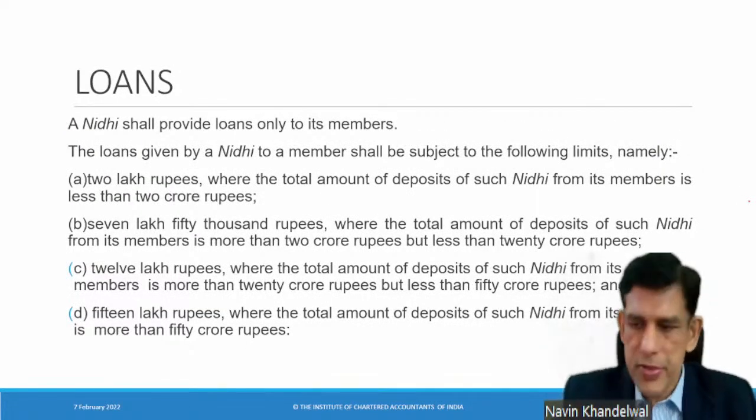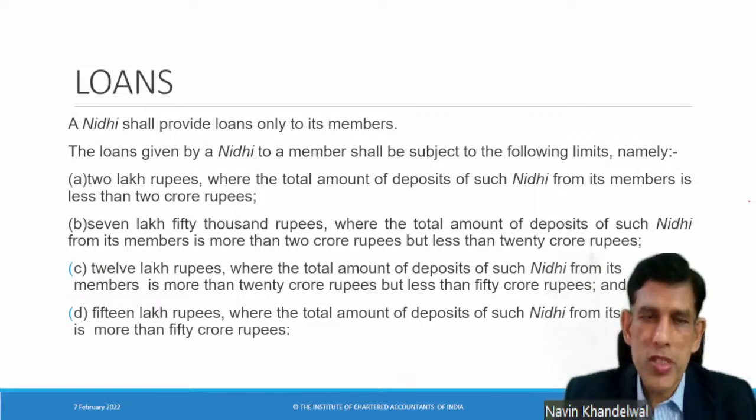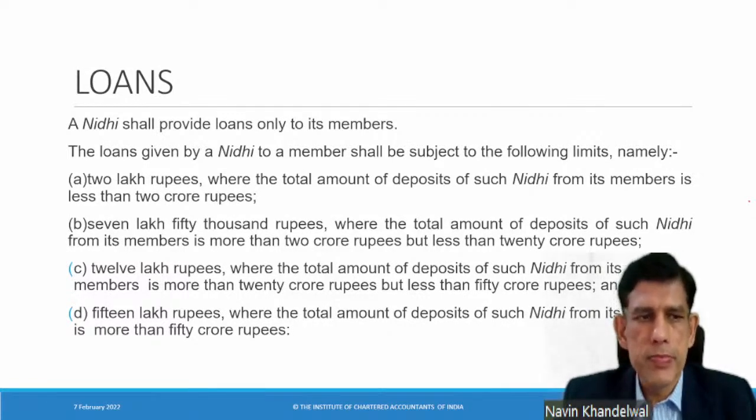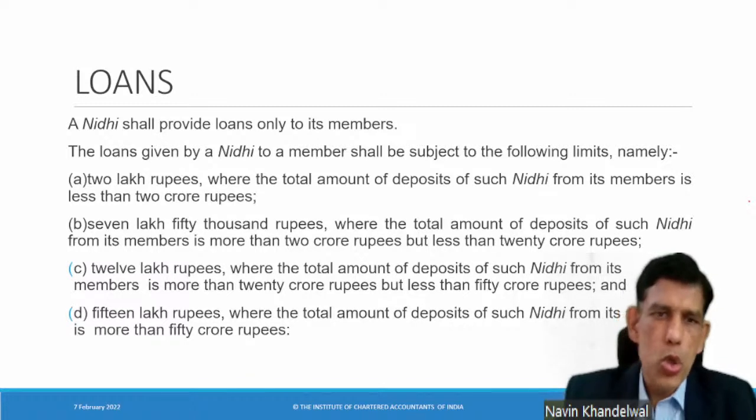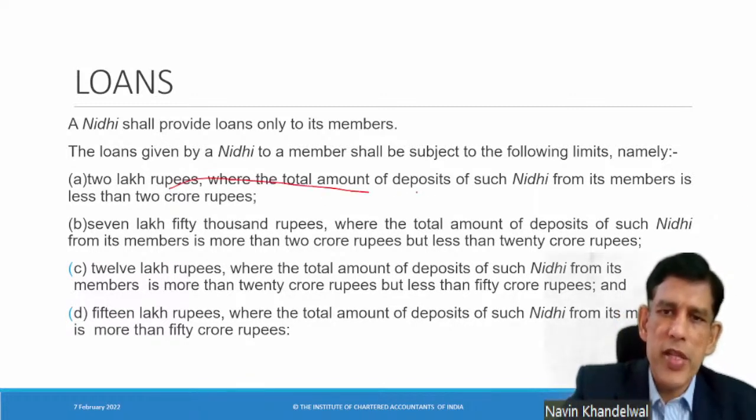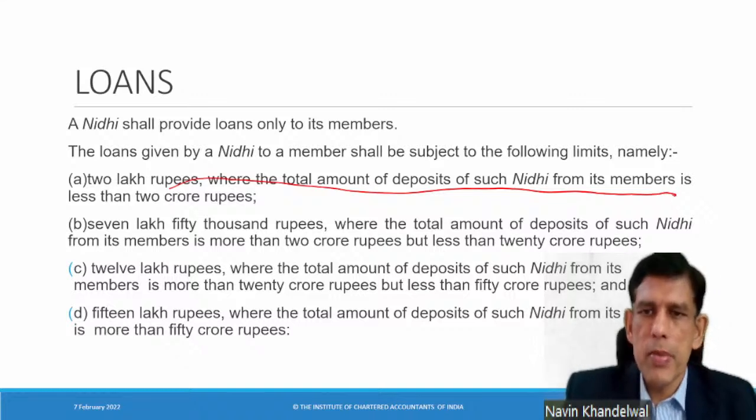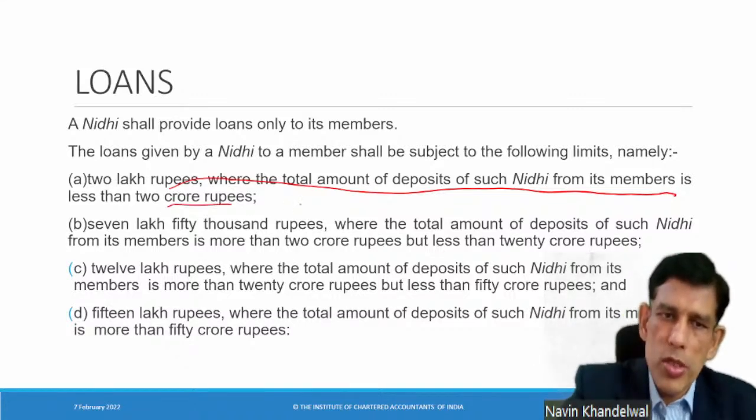Coming to the loan part. Loans given by Nidhi companies. The loans given by Nidhi to a member shall be subject to the following condition. 2 lakh rupees, where the amount of deposit of such Nidhi from its member is less than 2 crores.